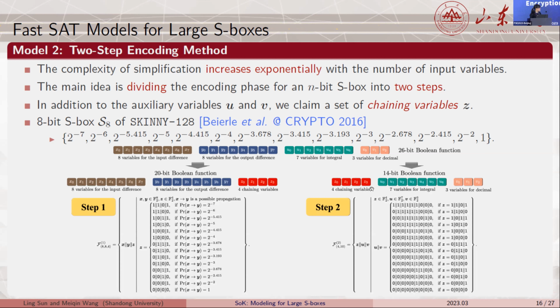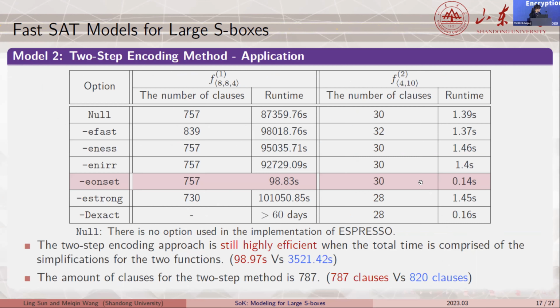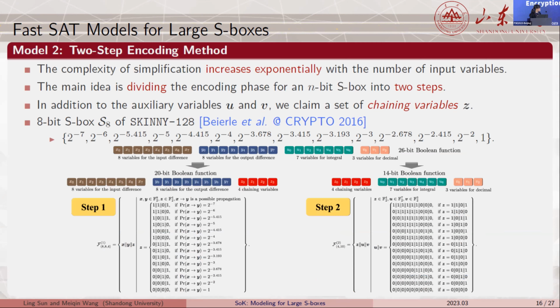In the second step, we create a connection between the value of the transition variables and the value of u and v. So in step 2, we should simplify a 14-bit Boolean function.